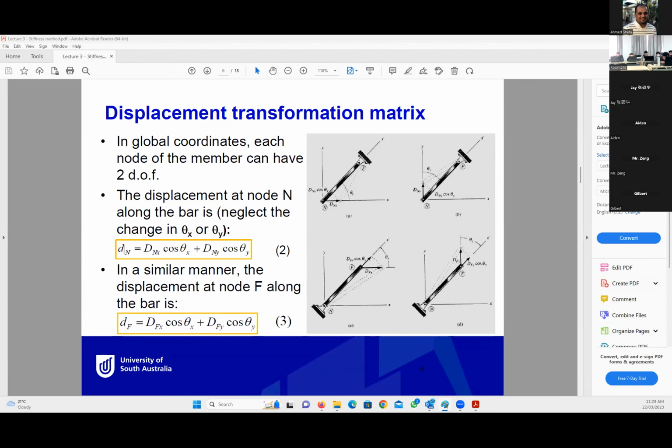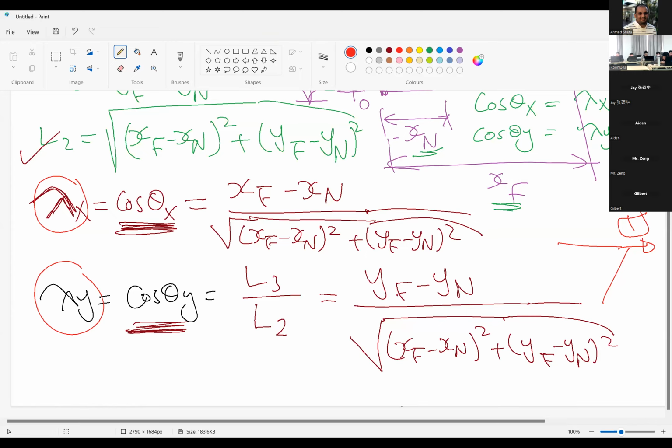So if we go to the painting again, so here we have, for example, this is our member, and this is our x coordinates and y coordinates in global. So the red x and y are global coordinates.